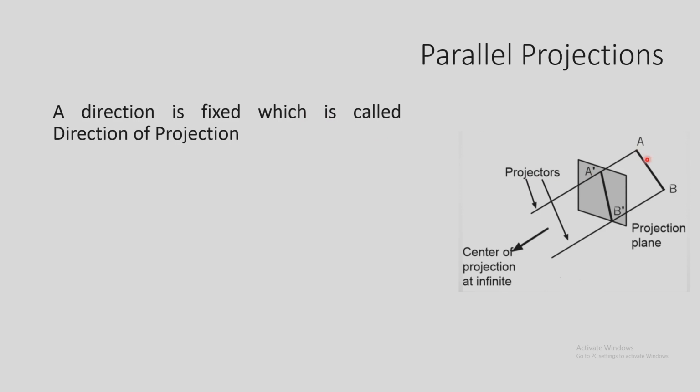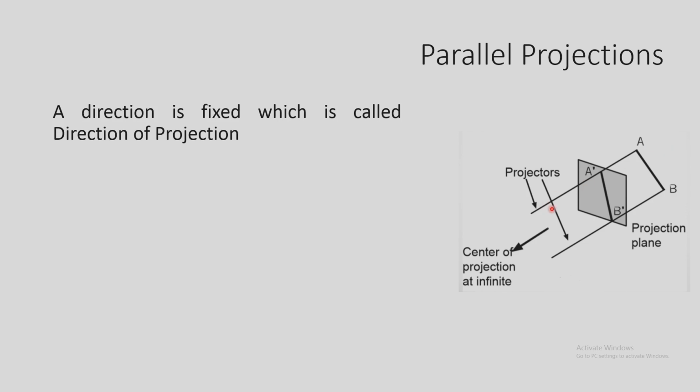So from all the defining points, a line is drawn, and this line is parallel to that direction of projection. So this is direction of projection. You draw a line from each point which should be parallel to this line. Similarly, you draw this line which is parallel to this line.